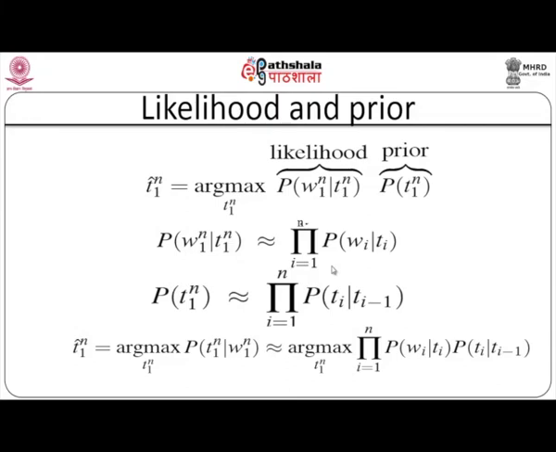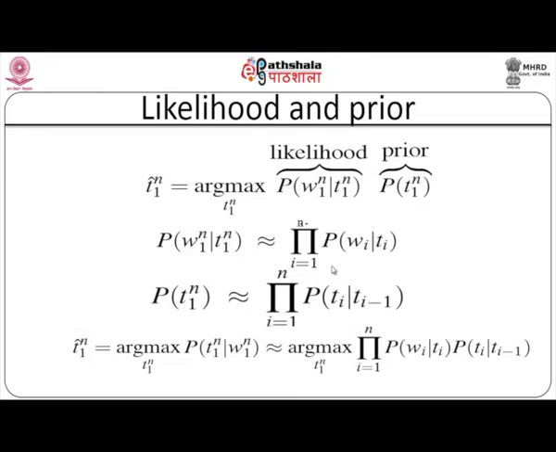So, instead of taking it as a sequence, you can take it word by word. For example, what is the probability of the word given determiner, what is the probability of the word given noun, for all the words there. Similarly, you can find out given the previous tag, what is the probability of the next tag. So, that is the probability of the prior.